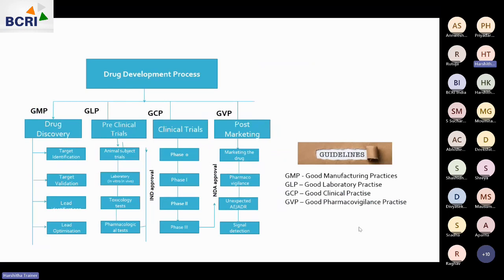Only if the drug discovery has found a new molecule would you need IND and NDA approvals. Usually, we also conduct clinical trials for drugs already available in the market to see any other properties or characteristics of that particular drug.